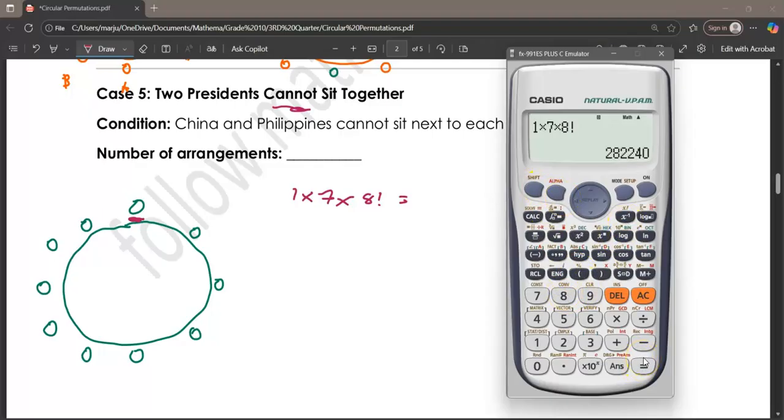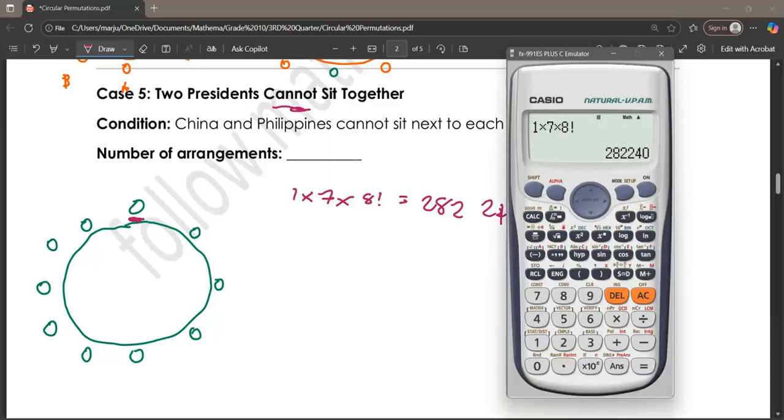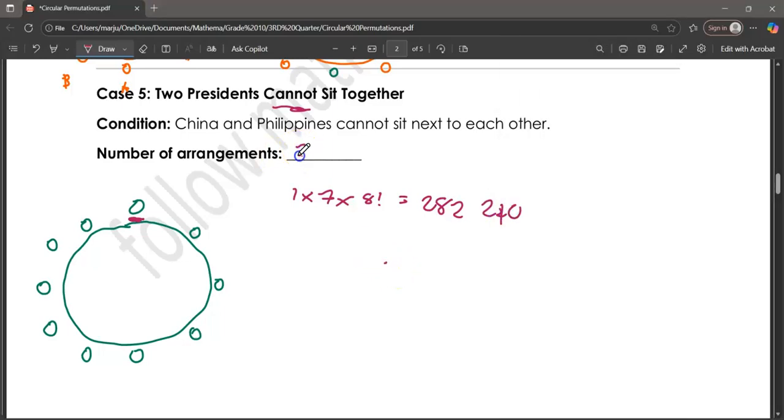And that gives us 282,240. Is that correct? So there are 282,240 ways to arrange them in such a way that China and Philippines will not sit together.